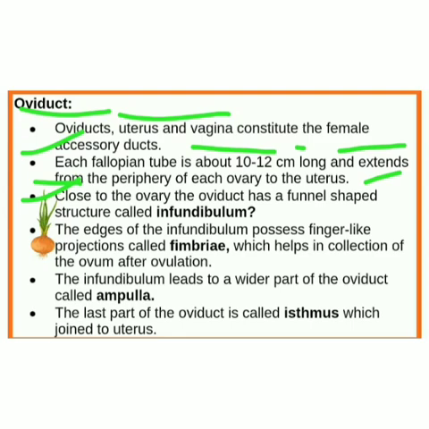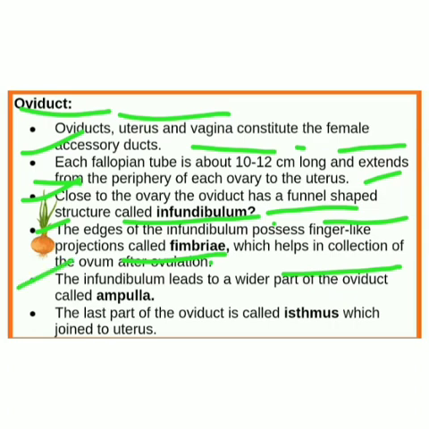Close to the ovary, the oviduct has a funnel-shaped structure called infundibulum. The edges of the infundibulum possess finger-like projections called fimbriae, which help in collection of the ovum after ovulation.